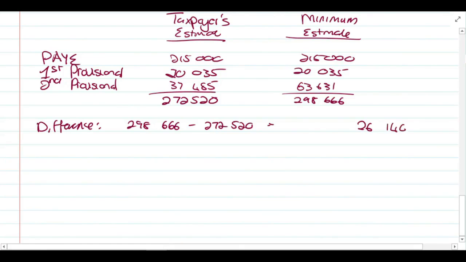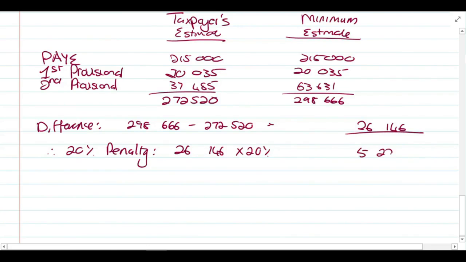So thus the 20% penalty is 26,146 times 20%. Okay, 5,229. That's the total penalty.